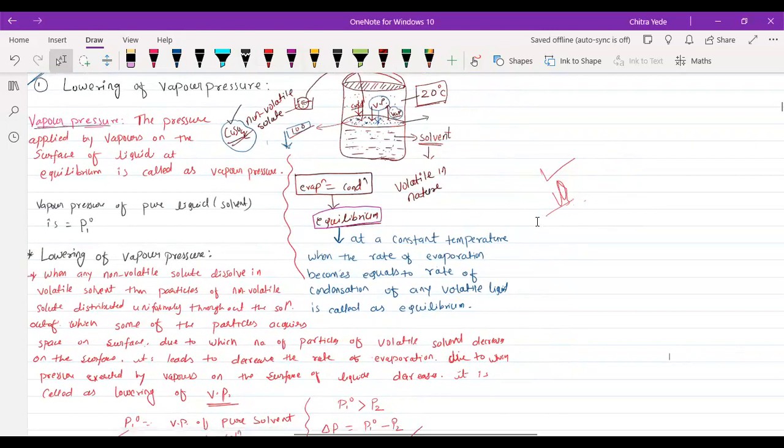No, relative lowering of vapor pressure. This is again part of our colligative properties. So I'm going to discuss here only relative lowering of vapor pressure.